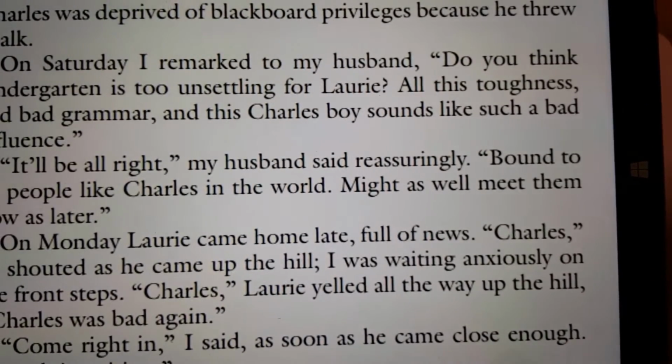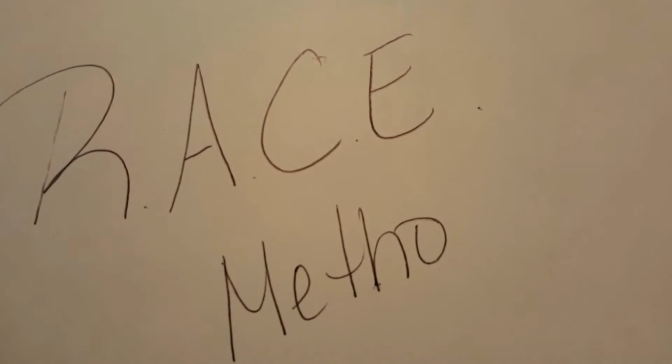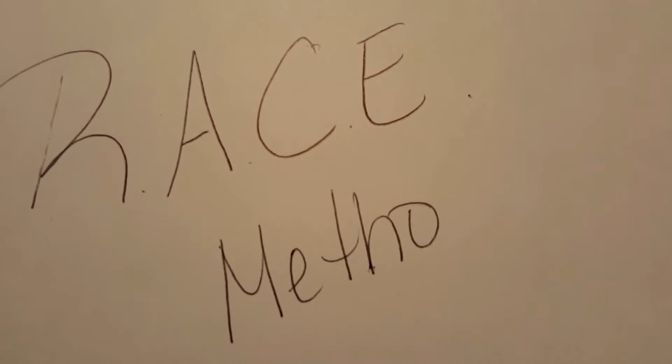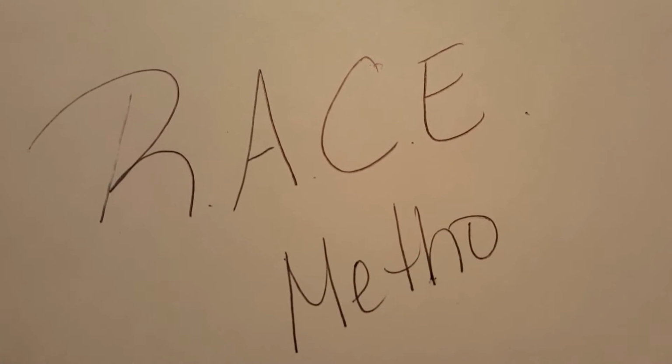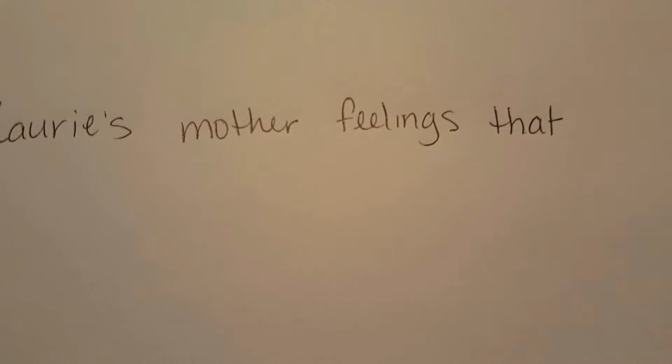So, do you think that kindergarten is too unsettling? Now that we know what unsettling means, let's go back and try to answer the first part of the question. Based on the RACE method, the first thing that we need to do is the R, which is restate the question. And here it is restated. Lori's mother feels that. Now that we've restated the question, we need to go back to the text and find the answer. It normally can be about a 1, 2, 3 word answer.